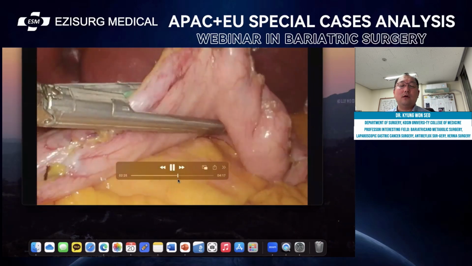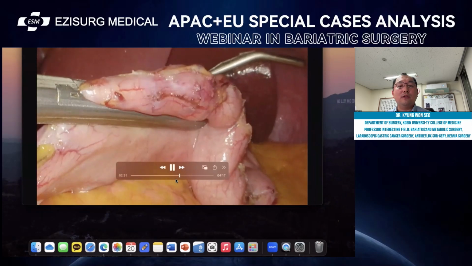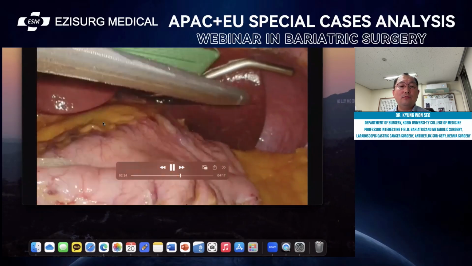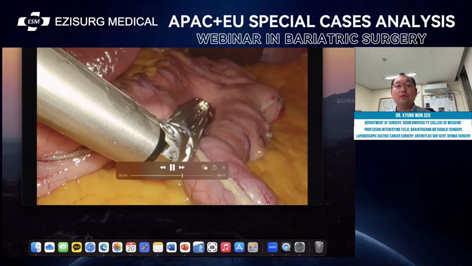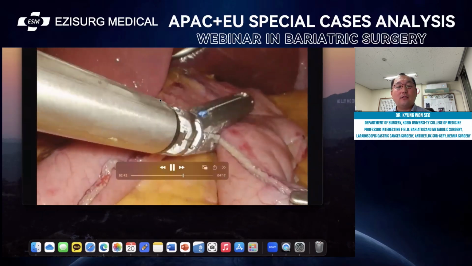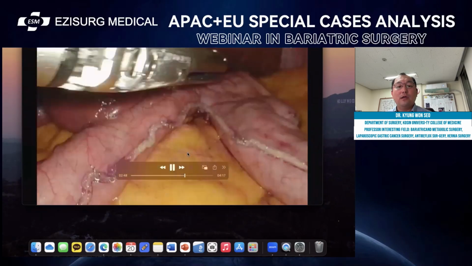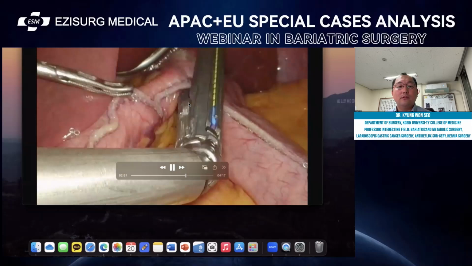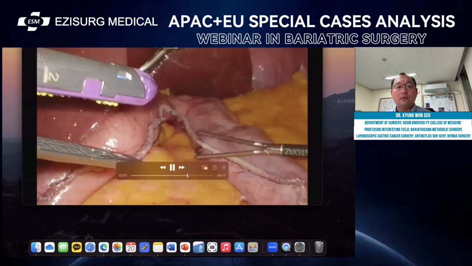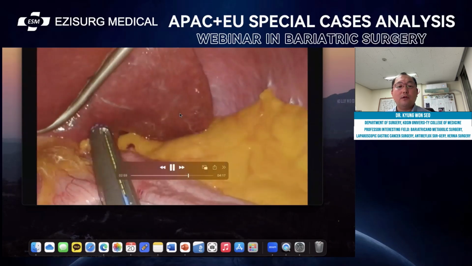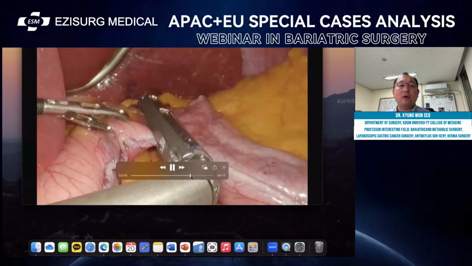And then we start the stapling. The first one is appropriate in green cartridge because the antrum is thicker than the other side of the stomach. The second one is appropriate in blue, and we have to check the fundus moving up and downward. And this is the third stapler, and the fourth one is this stapler, and 5 or 6 staplers are sufficient to make the gastric sleeve.